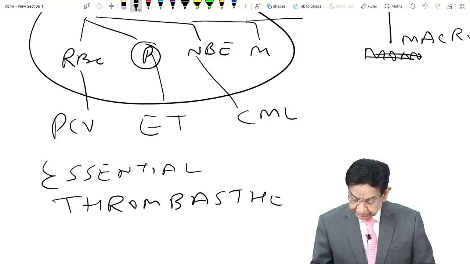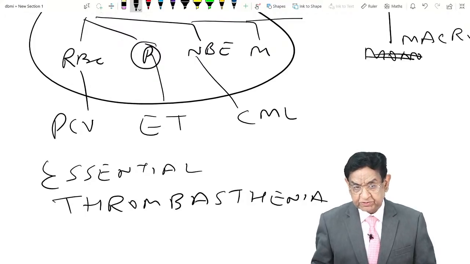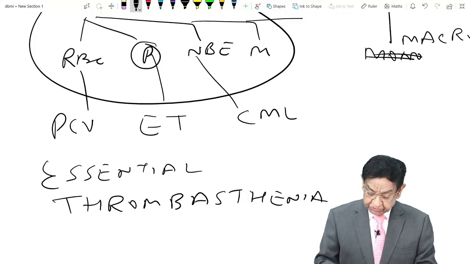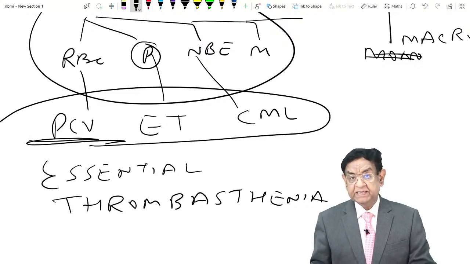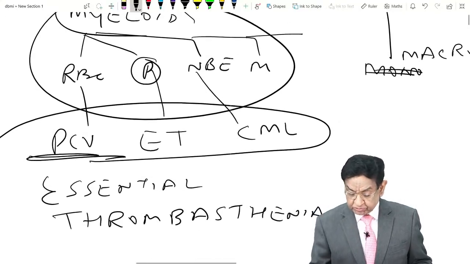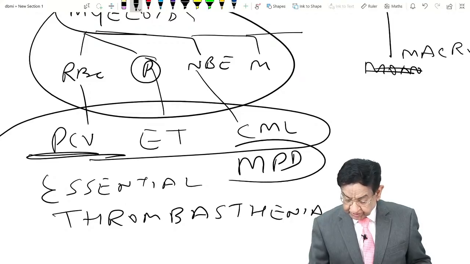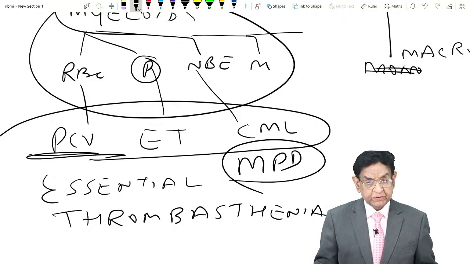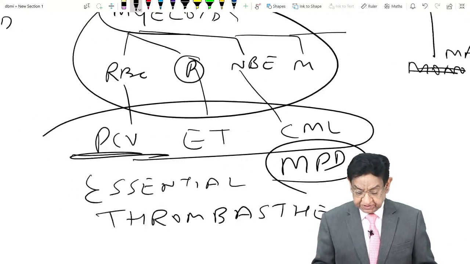Sometimes they also call essential thrombocythemia essential thrombocytosis. So these, polycythemia vera, ET and CML, all arise from the myeloid stem cell. That's why they are also known as myeloproliferative disorders. Okay, this we studied in the previous test and discussion.